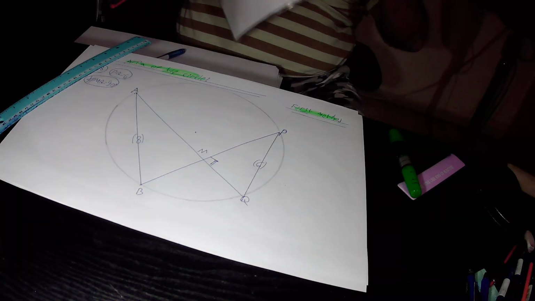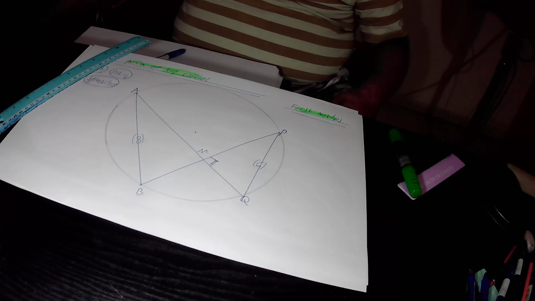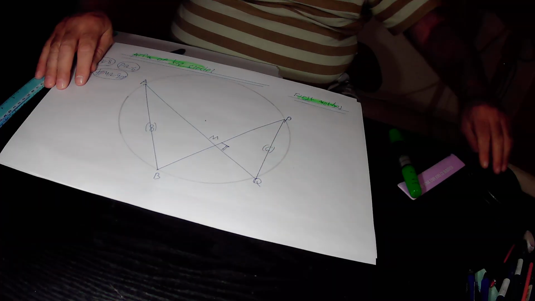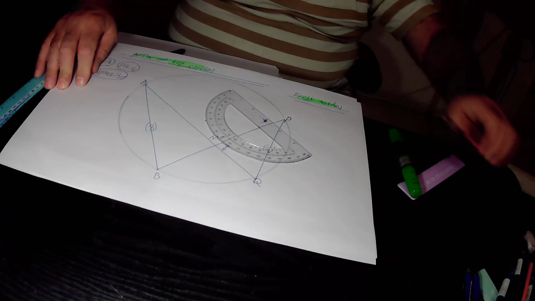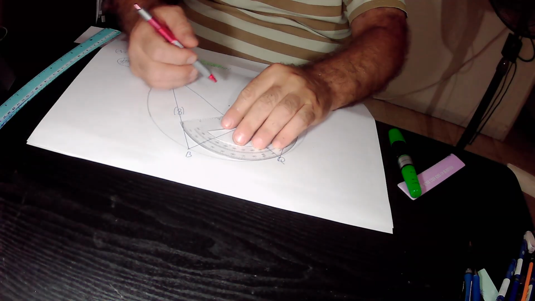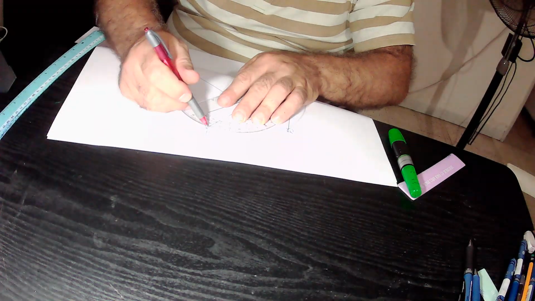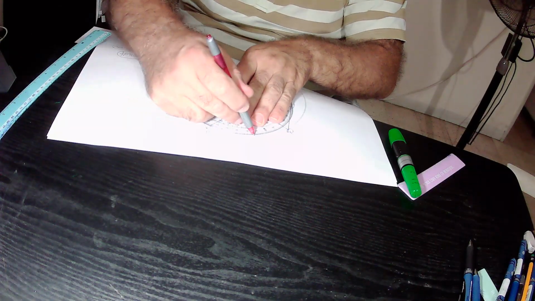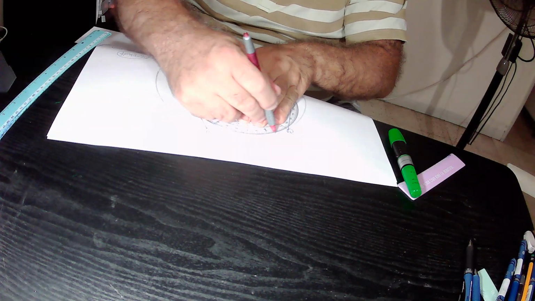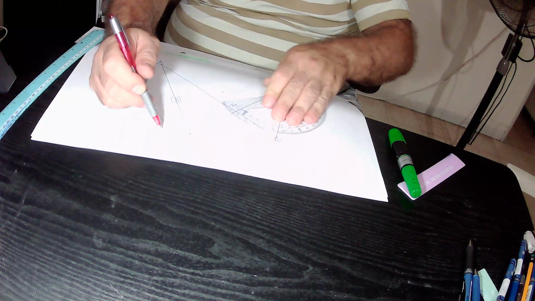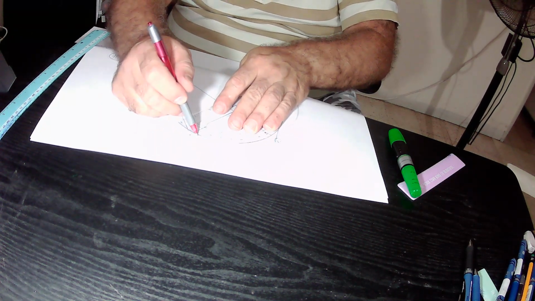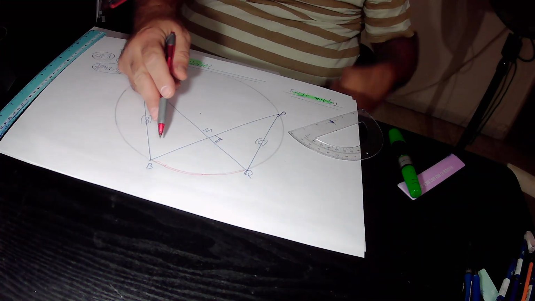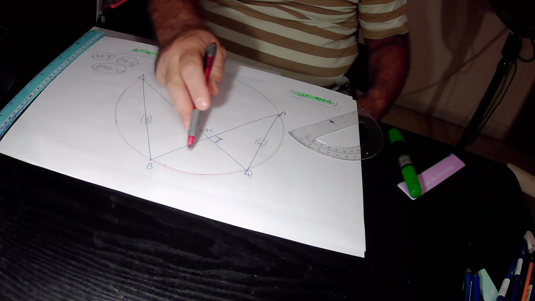Why? Because in our drawing, if we focus on this arc BQ, the red curve is arc BQ.